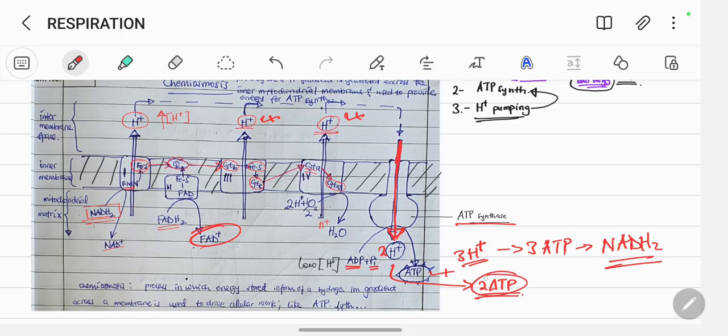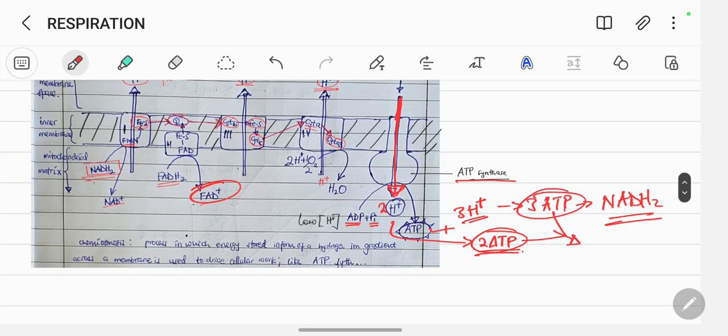Now this ATP is going to be taken for other use, for example, cell division, protein synthesis, all those processes. Then, I'm having my card definition here.